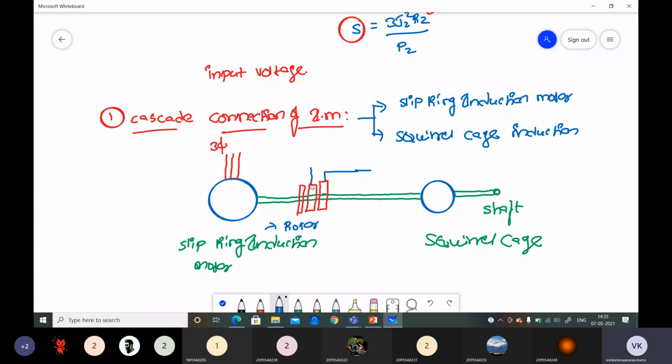The voltage induced in the rotor is given as input to the stator of this squirrel cage induction motor. This is cascade connection.